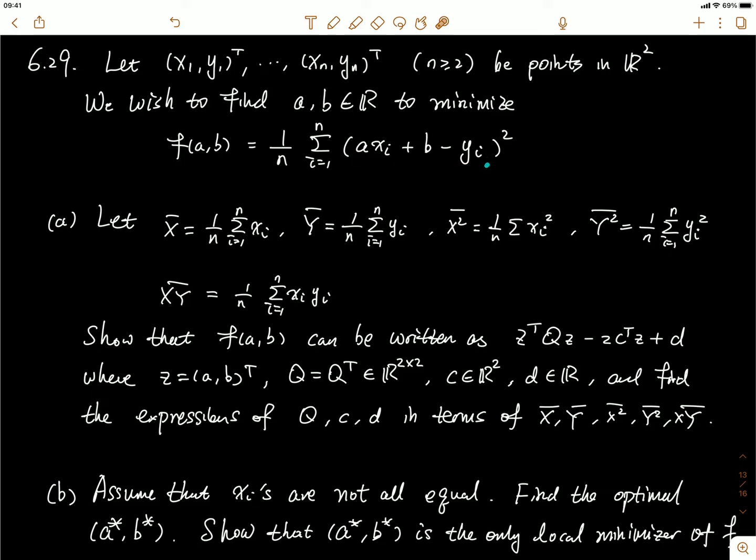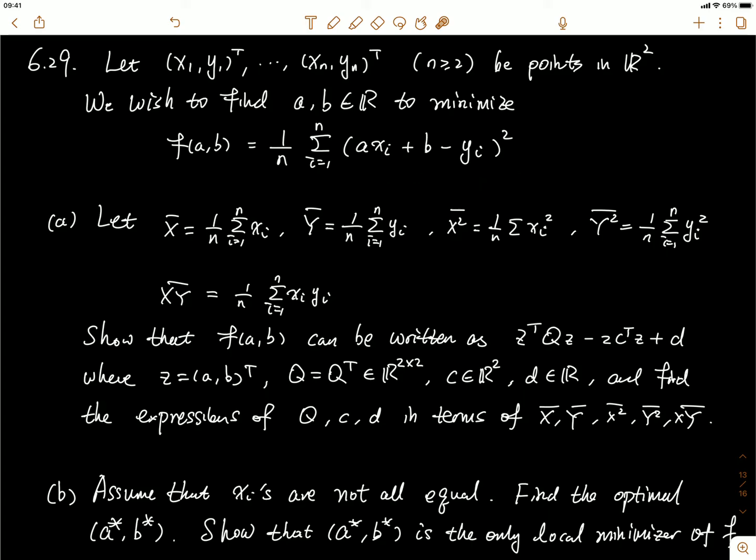So that's the squared error, and then we take the sum of the squared errors at every point. And then we normalize it by 1 divided by n, but this is just a constant, it doesn't affect our choice of a and b. So we want to find the a and b so that the sum of the squared errors is minimized. Okay, so that's the idea.